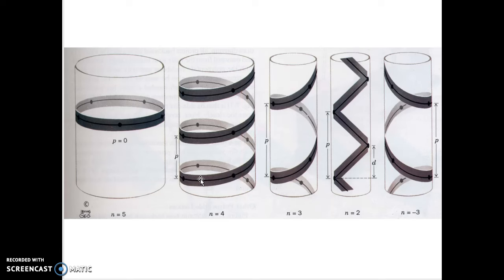Residues in alpha helix: 1, 2, 3, 4, and start over 1, 2, 3, 4.